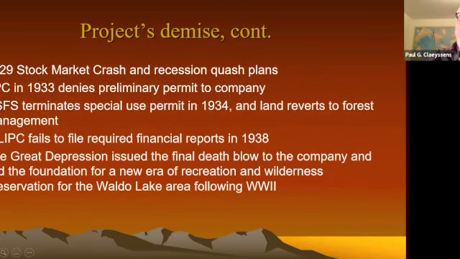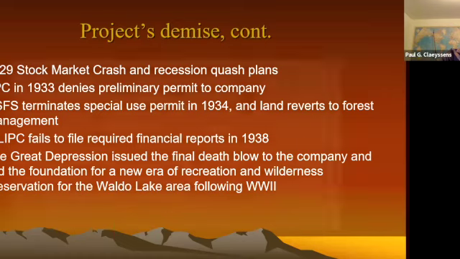And with the stock market crash of 1929, there was just no more work being done up there. And then the Forest Service finally pulled their special use permit to occupy and run their plant at Waldo in the mid-30s. And so the final blow is really the Depression and then World War II.